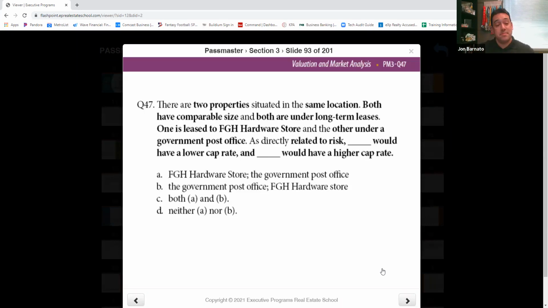Capitalization rate. Why do we calculate it? Why is it important? What does it tell us? It tells us what they're making, what they want to make. Hardware would have a higher cap because it's an income generating building. No, that's not true.